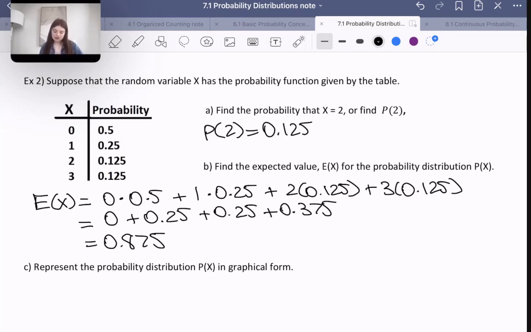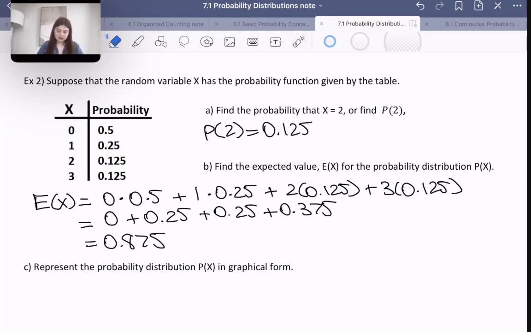And so that's good. That's about what we were expecting. And even though 0.875 is not an x value, that is okay. The expected value does not have to actually be a nice round number. In fact, most of the time it will not be. It'll be a number between the numbers to kind of give us an idea, right? It's the weighted average. Okay.